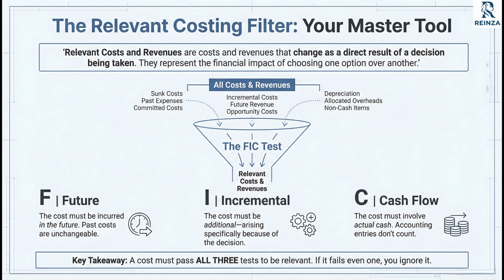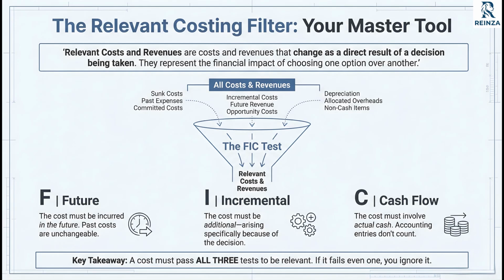I stands for incremental. The cost must be additional, arising specifically because of this particular decision. C stands for cash flow. The cost must involve actual cash being spent or received. Accounting entries like depreciation do not count.